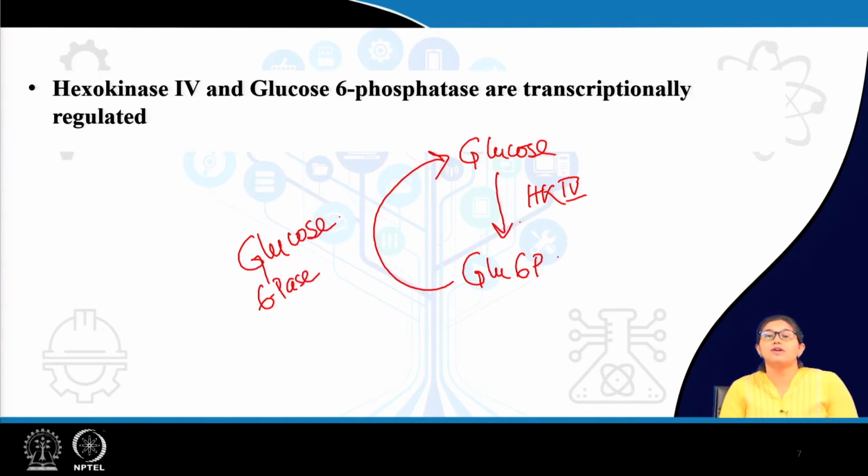So, these two enzymes are transcriptionally regulated. This is an example of long term regulation, where on requirement more amount of enzymes are synthesized.